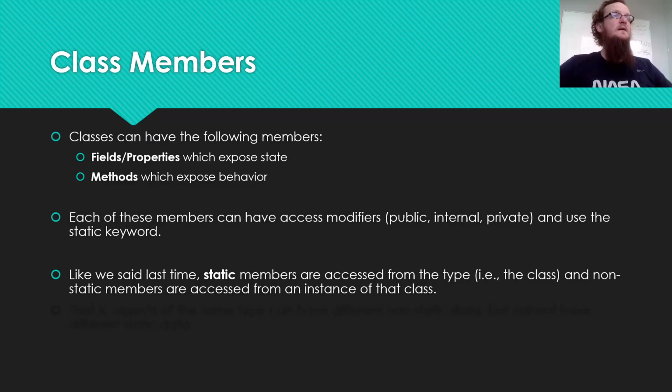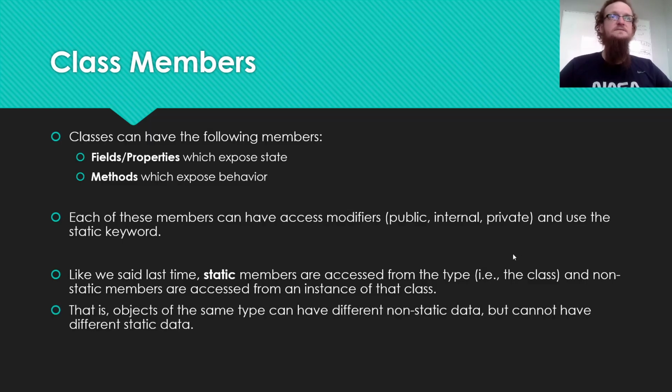Likewise, you don't want the make or the model or the year to be static, because you want each instance of the class, each object, to have its own state, not necessarily shared state across all cars in existence. So if you think about it, that's really how you should determine whether to use static or non-static members. If you want the behavior or the data to be shared across all of the objects of that type, you can make that thing static. If you don't want that behavior or that data to be shared, you should make it non-static.